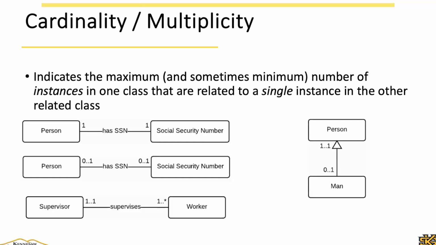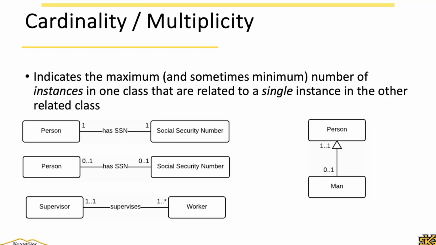Again, if the business rules allow workers without a supervisor, this would change the cardinality from 1 to 0 or 1. As we see here, there is a 1 dot 1 next to the supervisor class, and on the right side, next to the worker, there is a 1 dot asterisk.